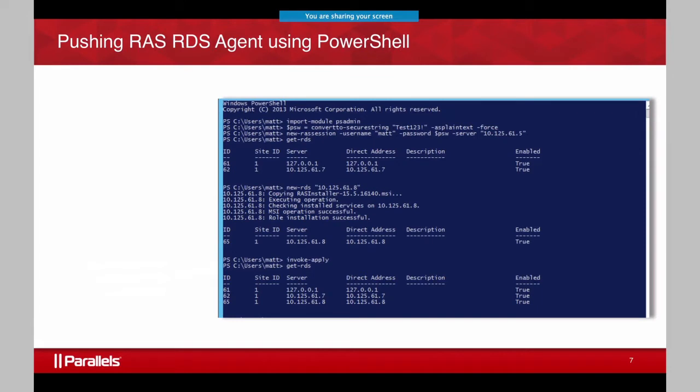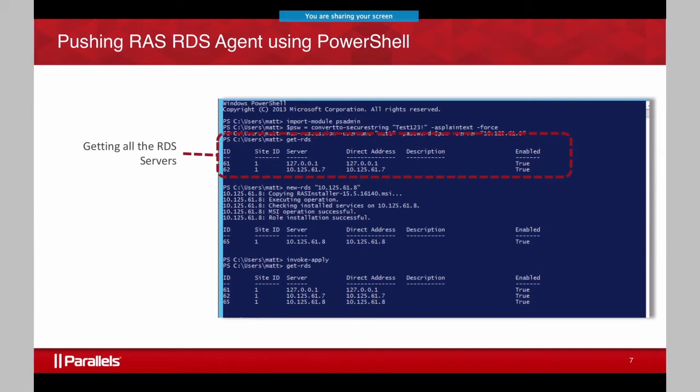Now, if I have my RAS already installed and I want to push an RDS role to be added to a terminal server, which includes two pieces, our agent and deploying the firewall rules, as well as the RDS components, you can do this. You establish the connection to your RAS server, in this case the PA.